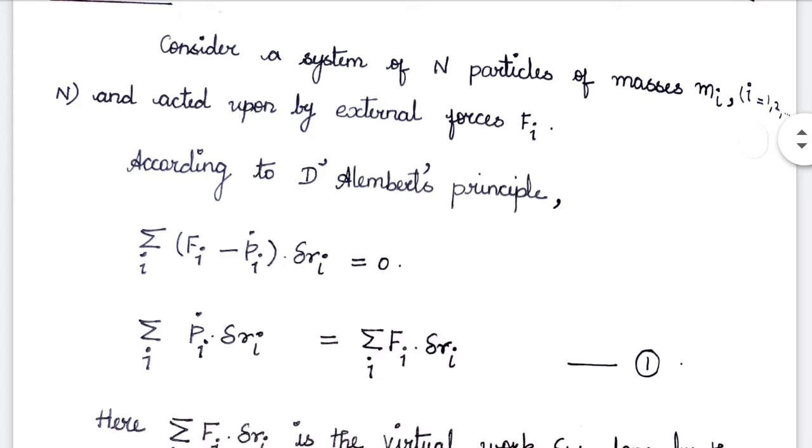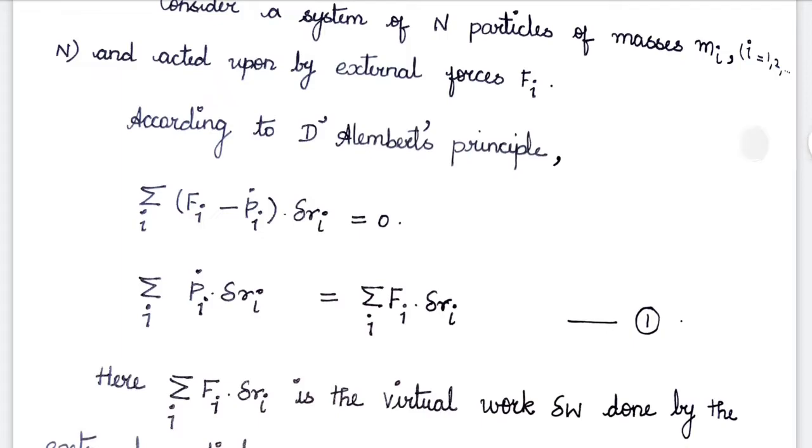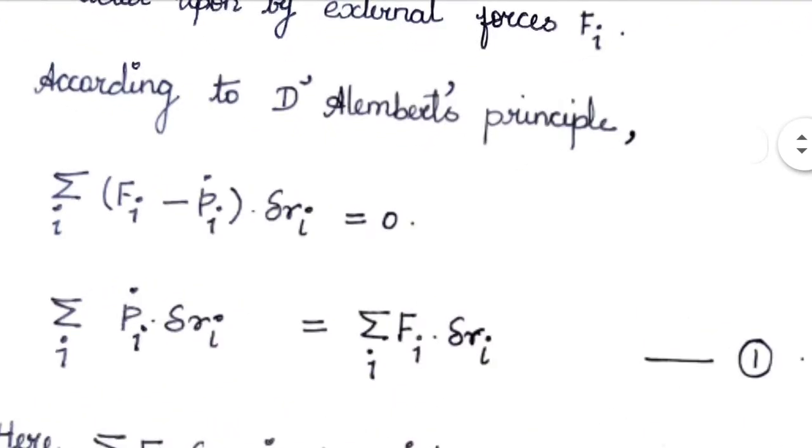Then, according to D'Alembert's principle, which we have already derived in the previous video, D'Alembert's principle can be written as the sum over i of (Fi minus Pi dot) into delta Ri equal to 0.